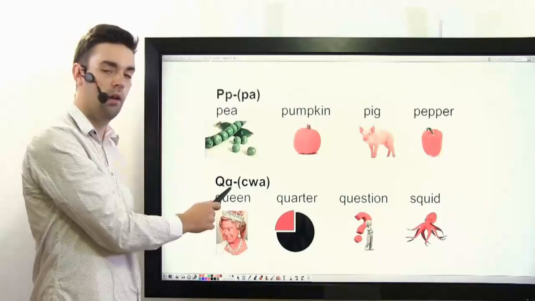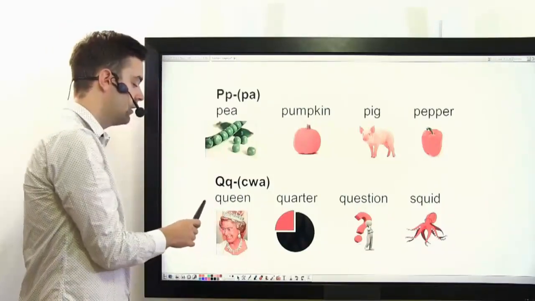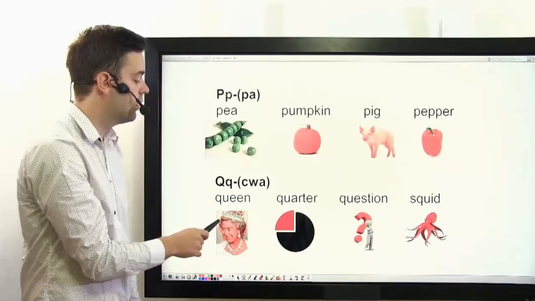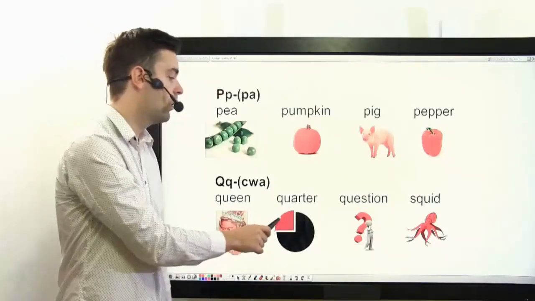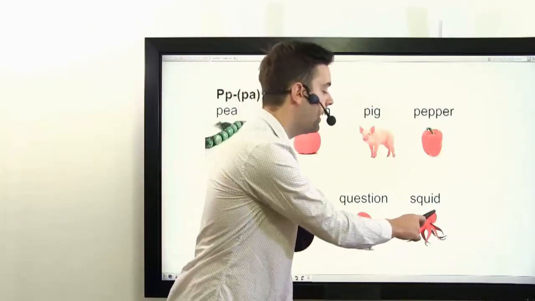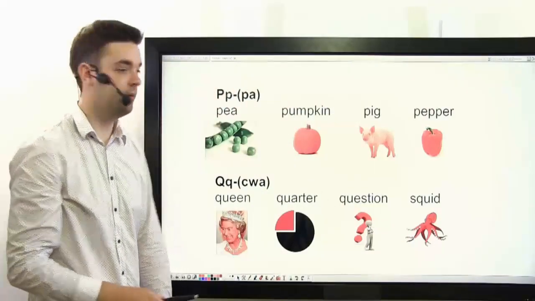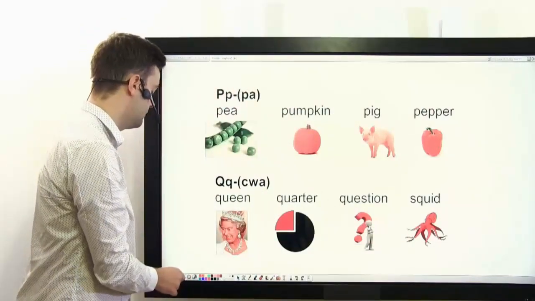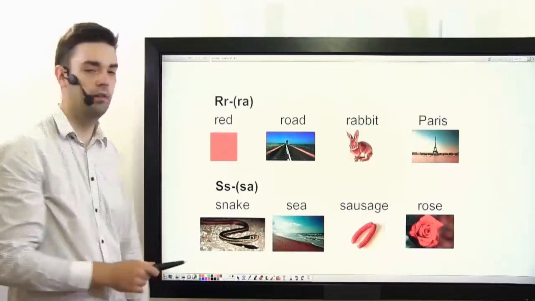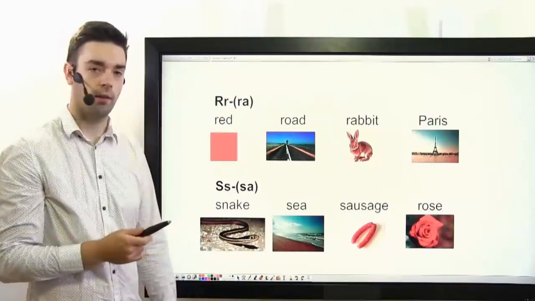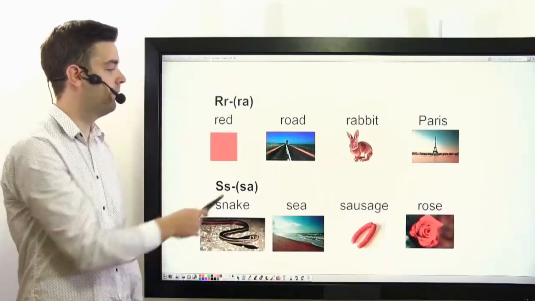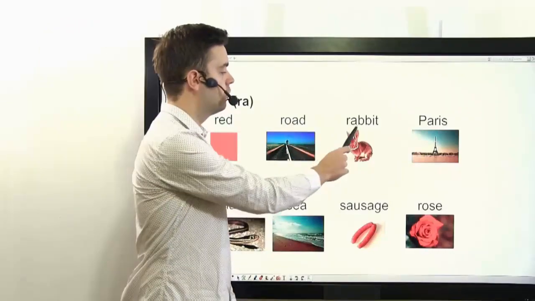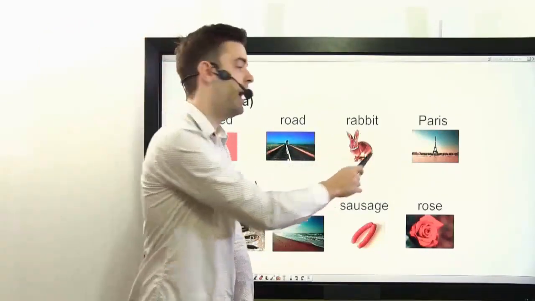Q, queen, quarter, question, squid. R, red, road, rabbit, Paris.